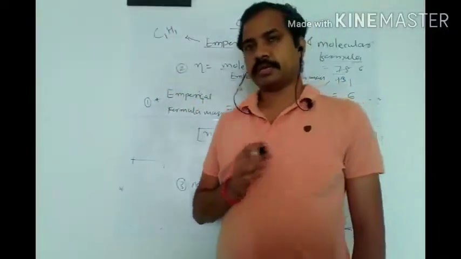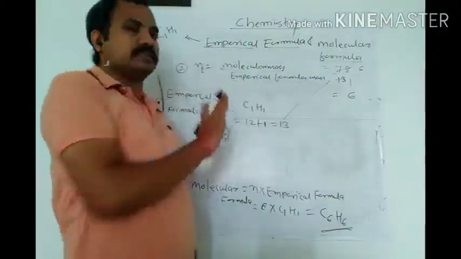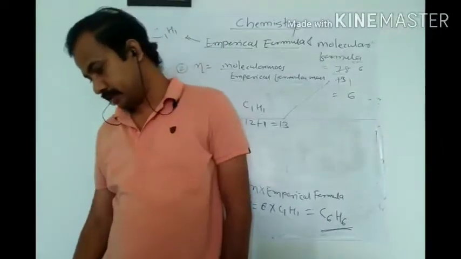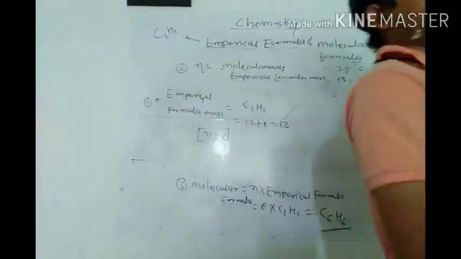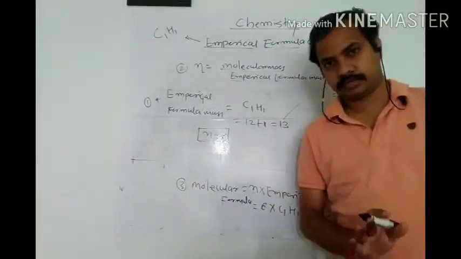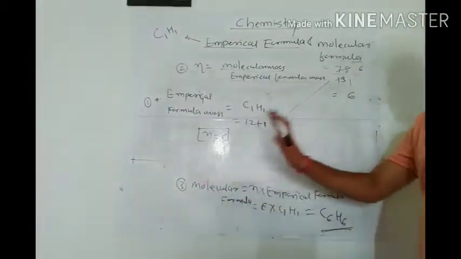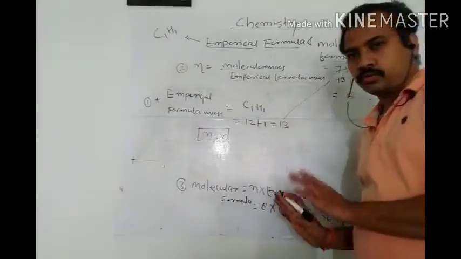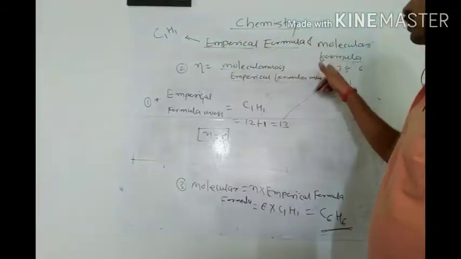Let us say the vapor density of a compound is given as 10. Then the molecular mass is nothing but 2 into that vapor density. Simply multiply by 2 when the vapor density is given. So that is all about the molecular formula. I thought it is clear to you all how to write the empirical formula and, based on it, the molecular formula.